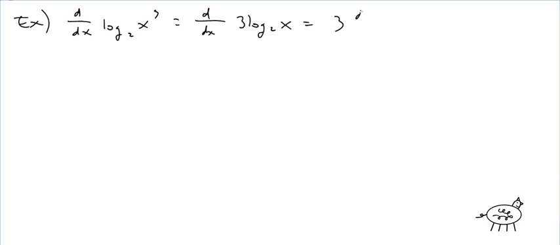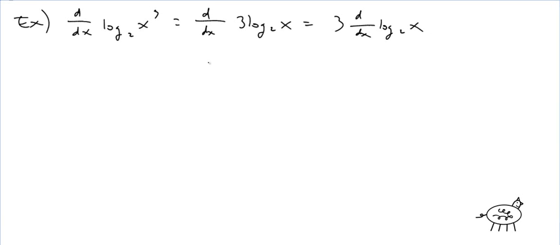So we have d by dx of log base 2 of x cubed. So this one's pretty easy. I think I'm just going to use a property of logs real quickly. I'm going to move that exponent down. So it's d by dx of 3 log base 2 of x, and then of course that's 3 d by dx of log base 2 of x.